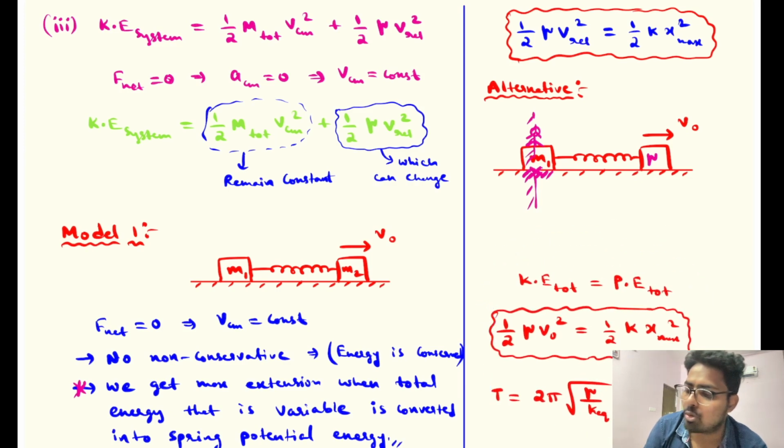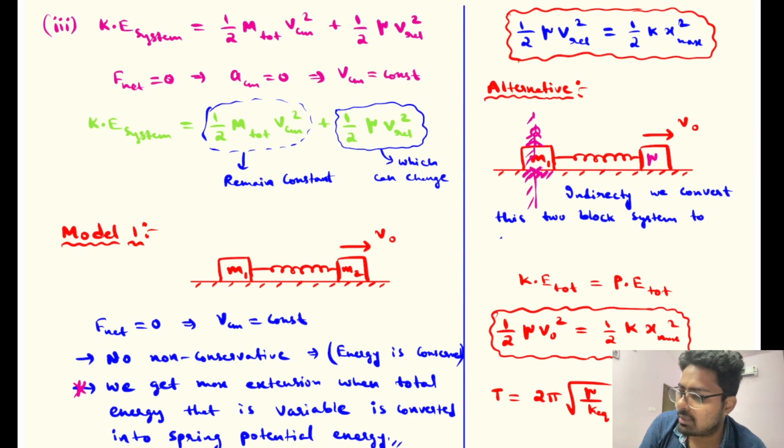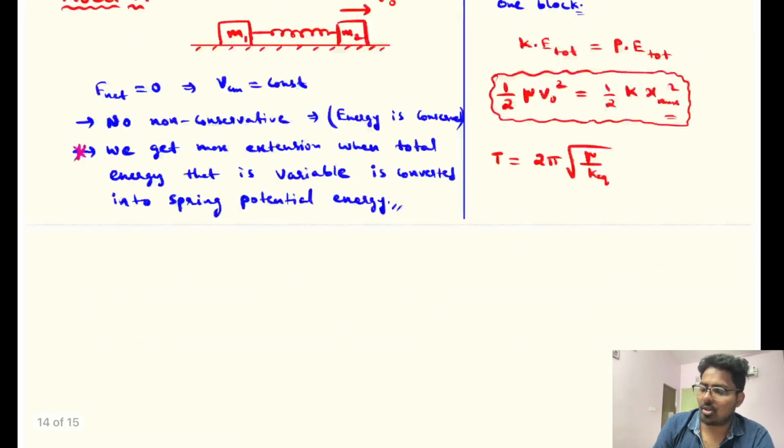Indirectly we are converting this two block system to a one block system. Then the analysis will become easy, right? Indirectly we are converting this two block system to a single block system. Okay sir, understood this model 1.